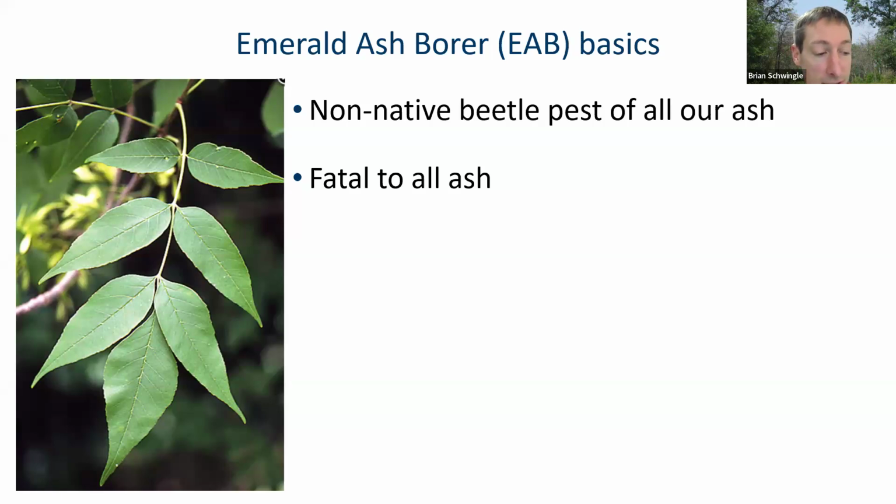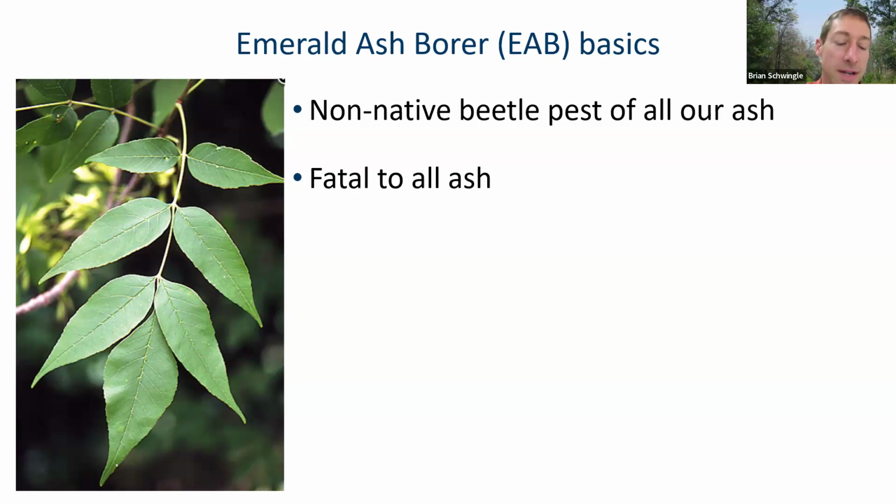Minnesota has 3 ash species: white ash, which naturally wouldn't grow in the Twin Cities area, wouldn't grow in Hennepin County, I don't think. Green ash and black ash. Minnesota has more ash trees than any other state in the country. So it's not a good thing for Minnesota that we got emerald ash borer here.